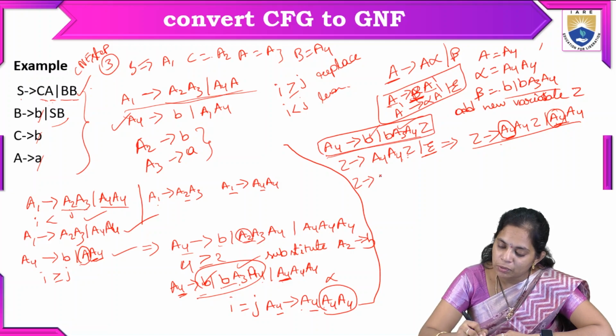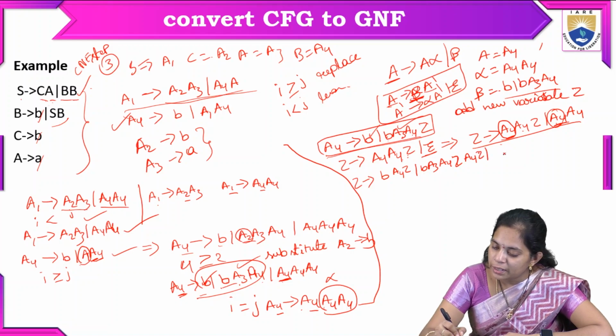A4 value is equal to B A4 one time, so B A4 Z and B A3 A4, B A3 A4 Z with A4 Z. And next A4. So instead of this A4, we will write it as B A4 and B A3 A4 Z A4.